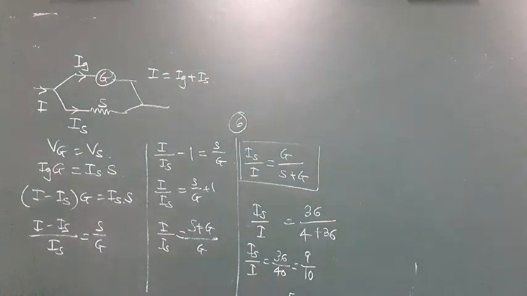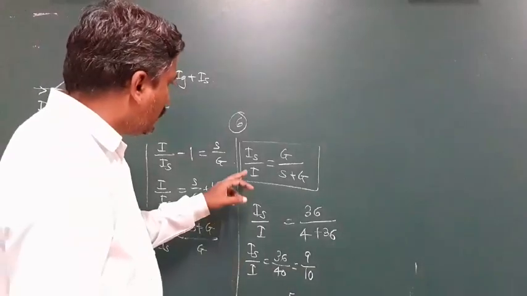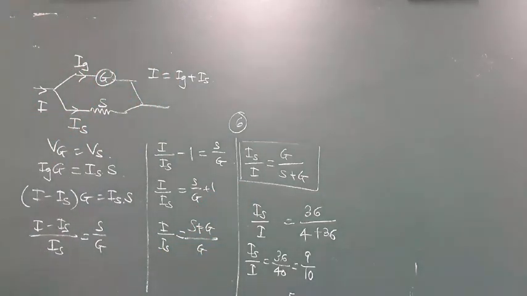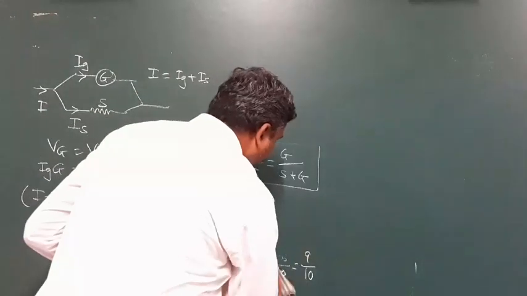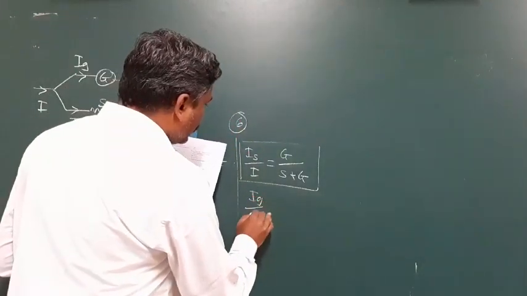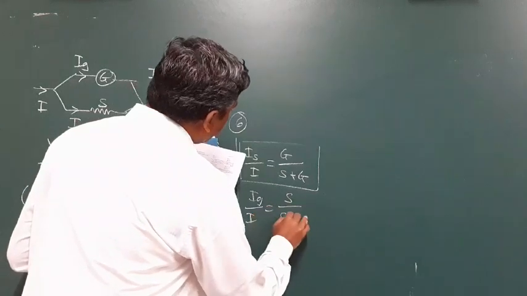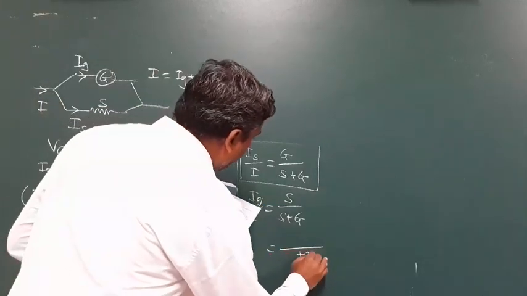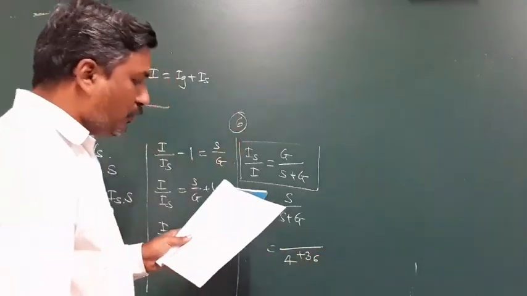Then we have to calculate in terms of percentage. Just a minute. In my question, if I am not wrong, please check question number 6: a 36 ohm galvanometer is shunted by a 4 ohm resistance.